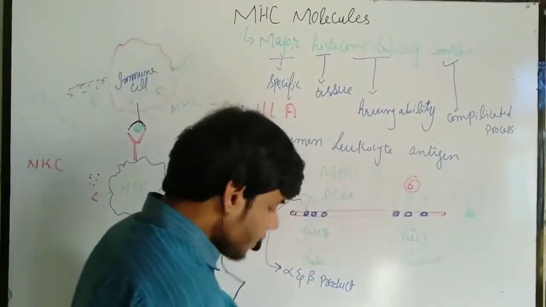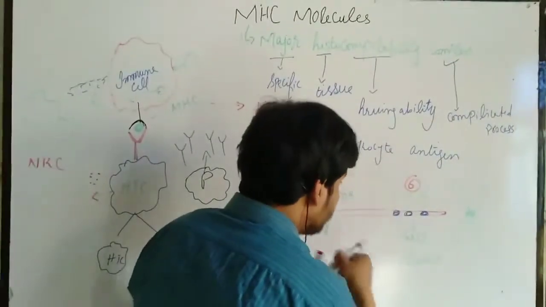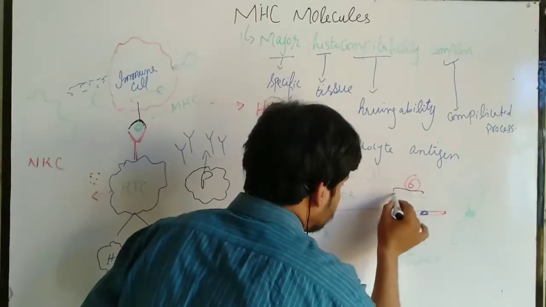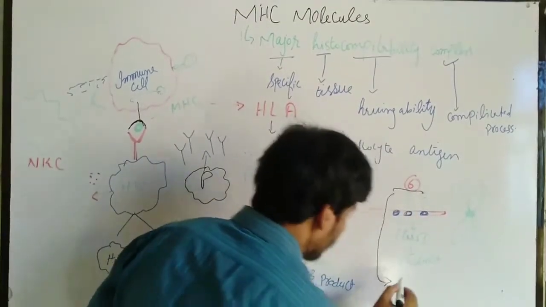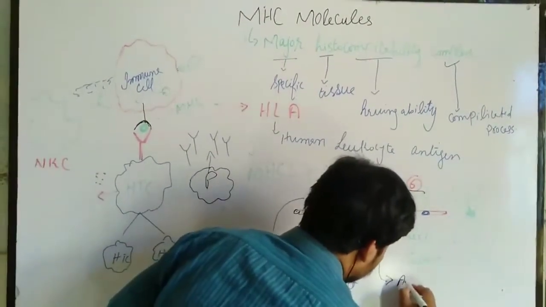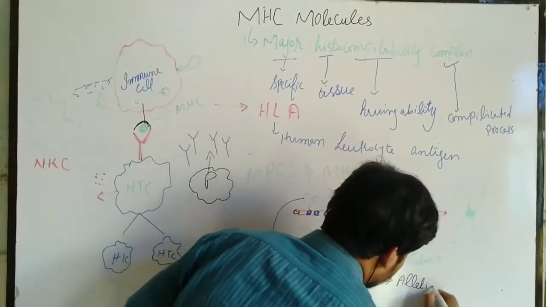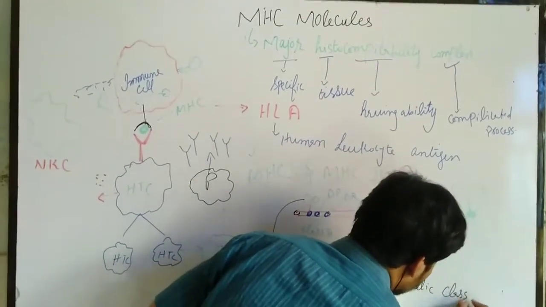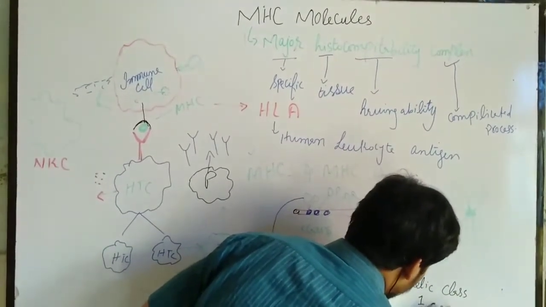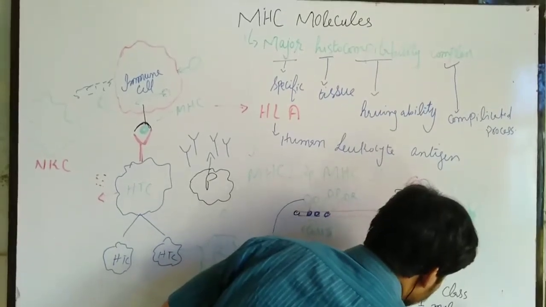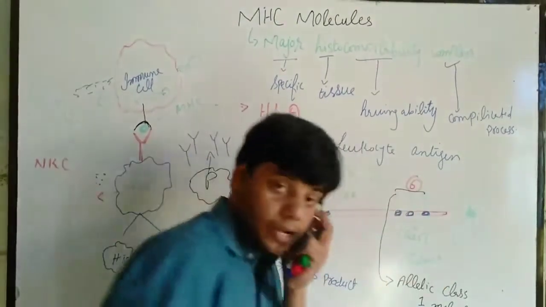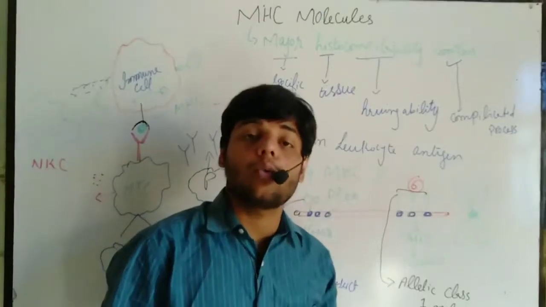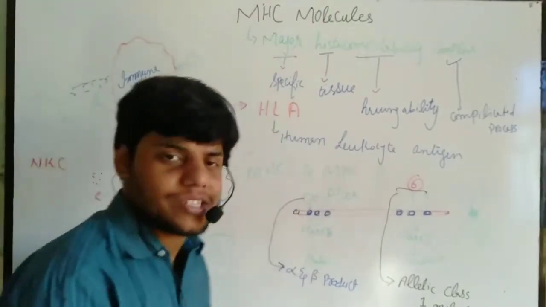Similarly, these three genes are specially responsible to produce the product of allelic class 1 molecules. For example, 95 allelic class 1 molecules, 200 allelic class 1 molecules, just like that.